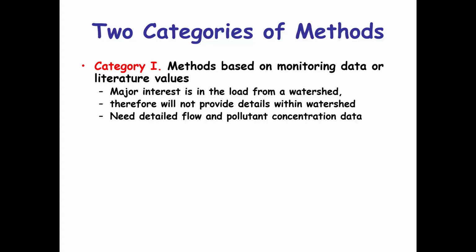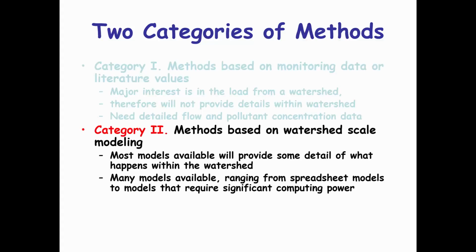And to be able to apply these methods, generally you're going to need to have detailed flow and pollutant concentration data. It's not the case when you're using just literature values to do the analysis. But most of the category methods that I'll be referring to here do require some flow and pollutant concentration data.